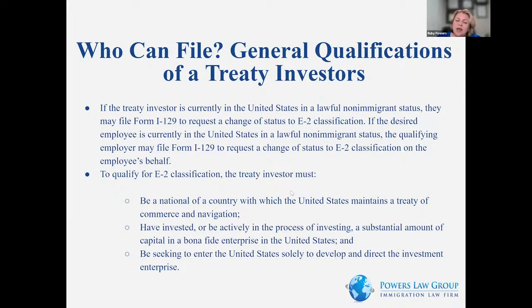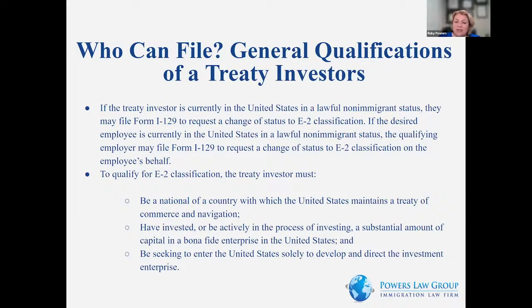If the treaty investor is currently in the US, you can file an I-129, which is the form used for lots of different things, to request a change of status from whatever you were, maybe a B2 or something, to an E2. Now, if the desired employee is currently in the US in a lawful non-immigrant status, the qualifying employer may file an I-129 to request a change.